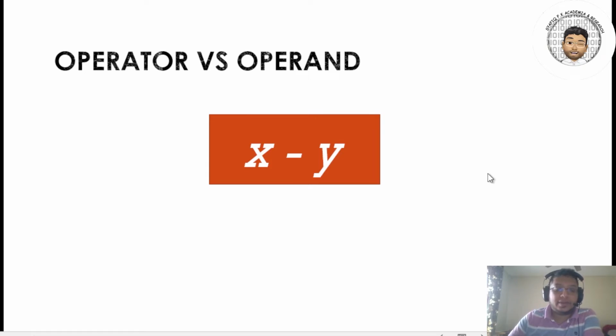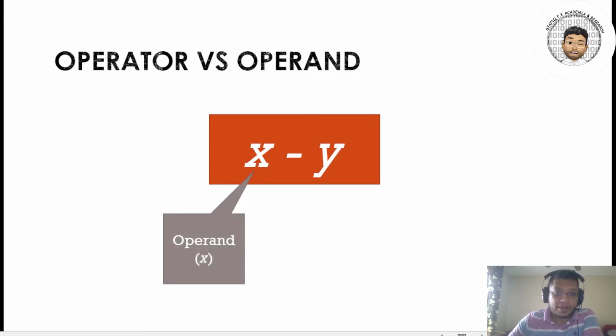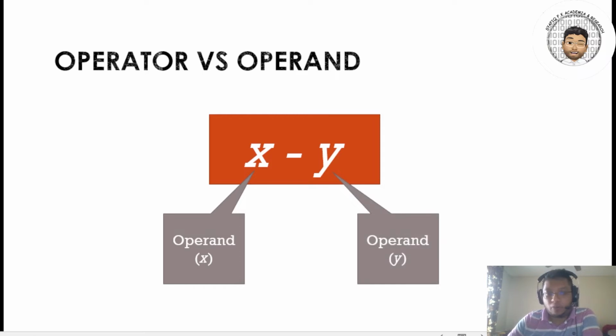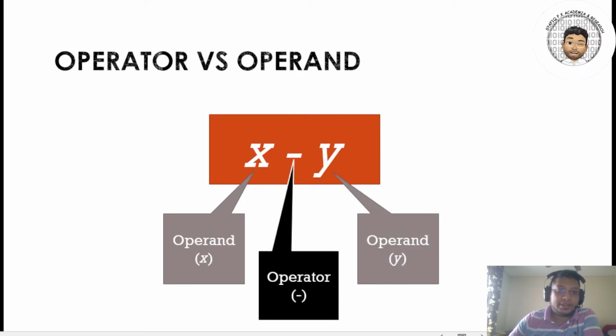Here, x is what we call an operand, y is also an operand, and minus is what we call the operator. Operands usually involve variables or numbers, while the operator is what kind of process we are going to do with those numbers.